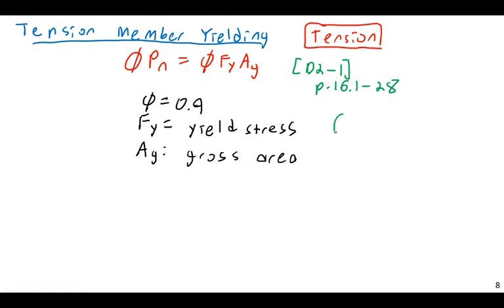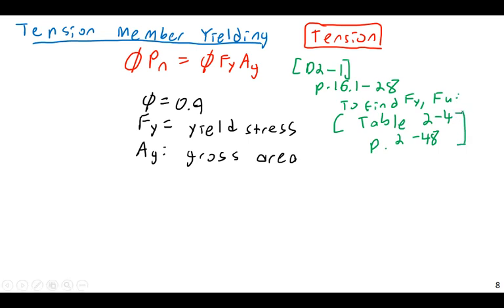You can find this in table 2-4, if I got my reference correct, on page 2-48. So to find your yield stresses, Fy or Fu, you go to table 2-4 on page 2-48.